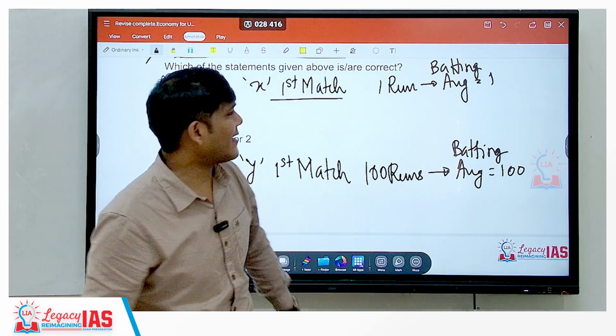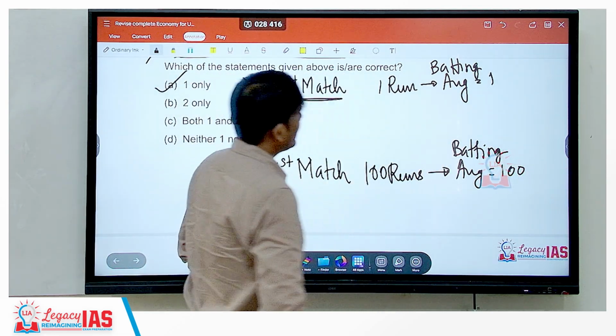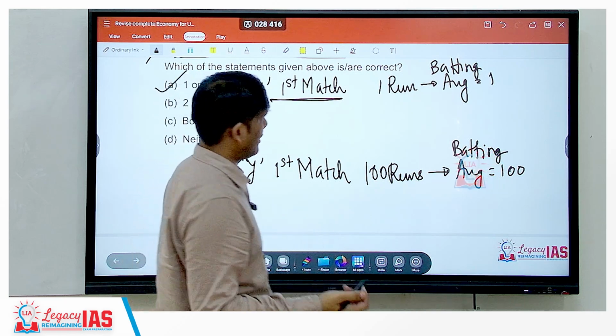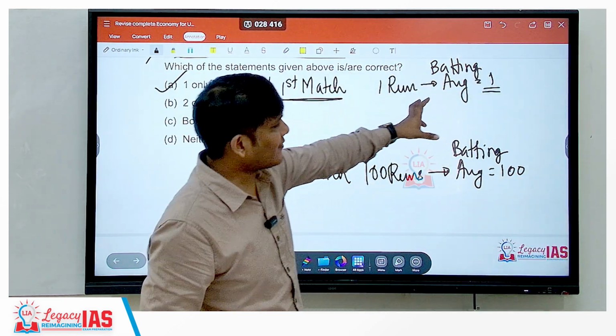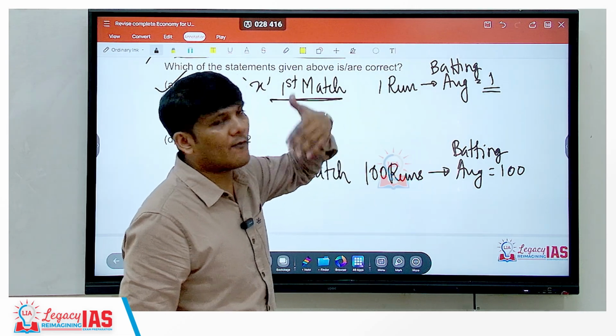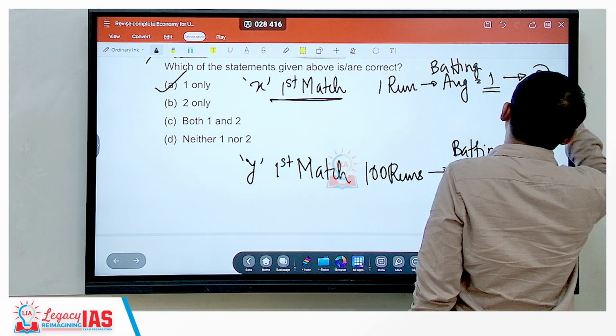To increase the batting average by 100%, how much does Mr. X have to score? Right now the average of Mr. X is 1. So Mr. X has to increase the batting average by 100%. That means from 1, Mr. X has to go to 2.